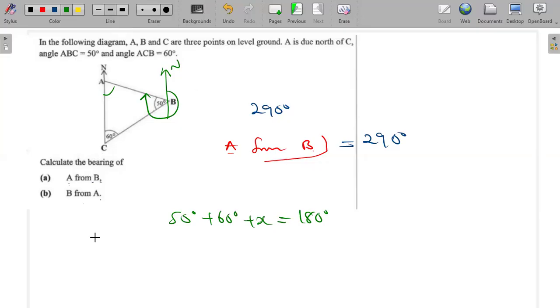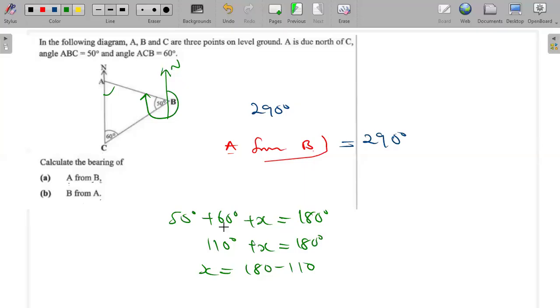Then 50 plus 60 gives me 110. So I have 110 degrees plus x is equal to 180 degrees. Then x is equal to 180 minus 110, that is equal to 70 degrees.